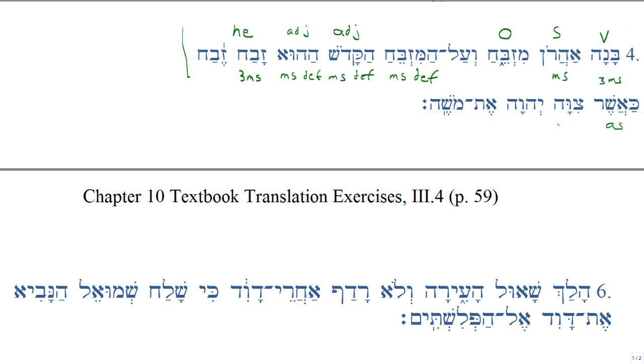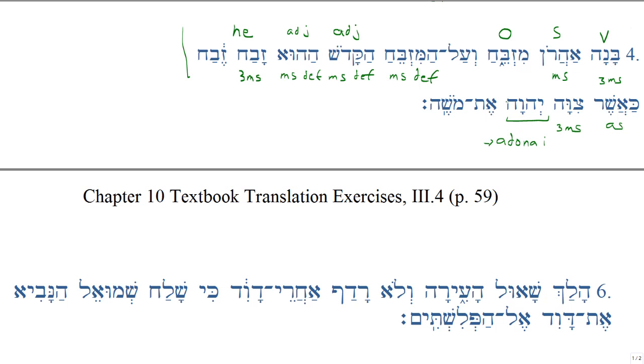This is a perfect third masculine singular of the root tzava, meaning to command. And in this case, I've pointed the word yod he vav he the way that it is pointed in the Masoretic text. It's actually pointed the way the word Adonai would be pointed. So the pointing doesn't tell us how to pronounce the divine name. It reminds us to pronounce it Adonai.